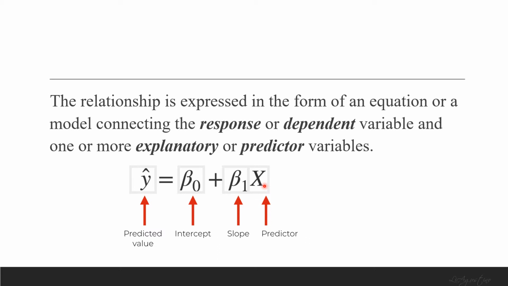In our life expectancy example, the predicted value of life expectancy is, given our data, we can compute for our intercept and then the slope, and the predictor is our factors such as income, education, and health and some other factors. But let's say we only have one explanatory variable, for example the health factor. So this is the functional relationship or an equation.